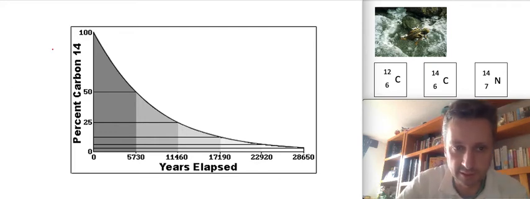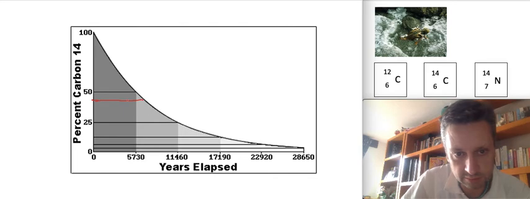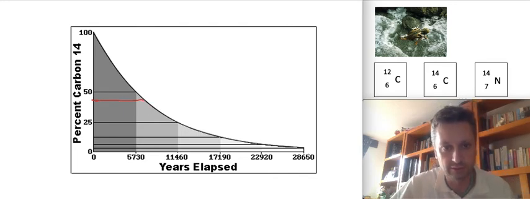Okay, and here's the answer. If we know the level is 40%, obviously this isn't the best graph, and I'm not very good at drawing straight lines, but we find the 40% level, which would be here. Draw a line across with a ruler, which I don't have, obviously. Draw a line down with a straight line.